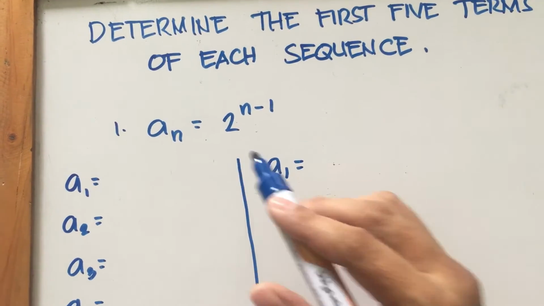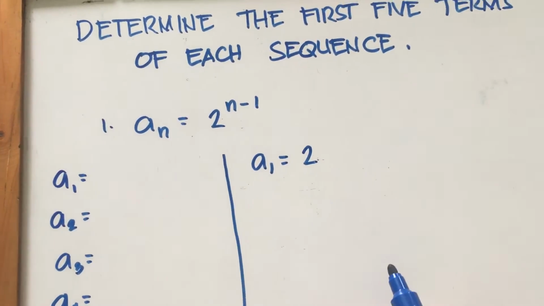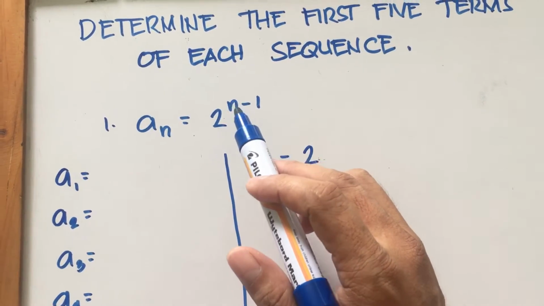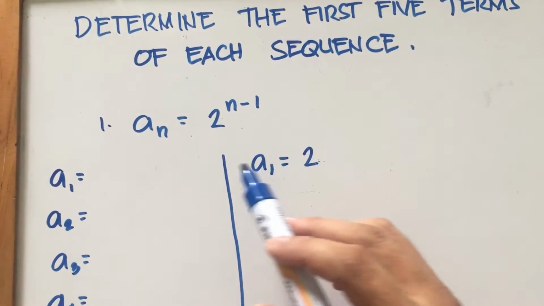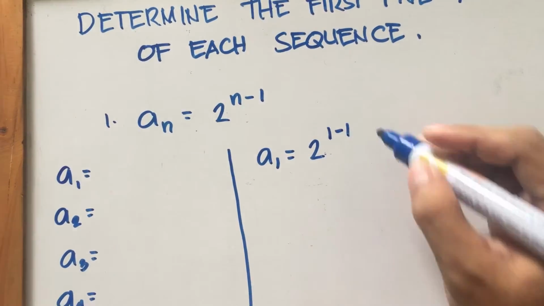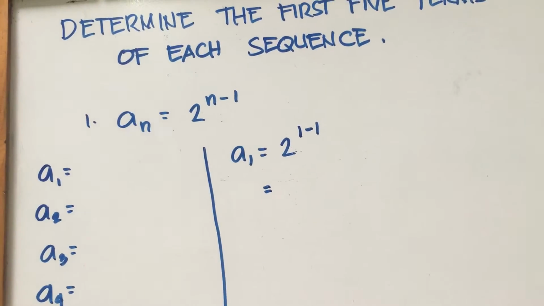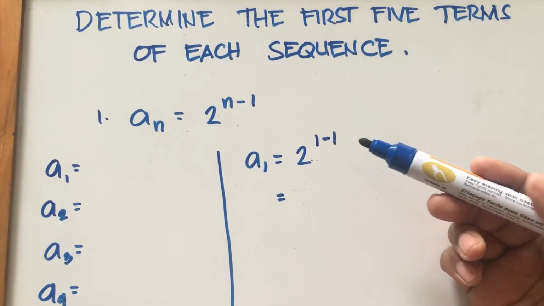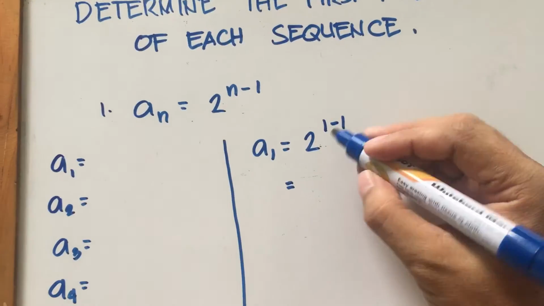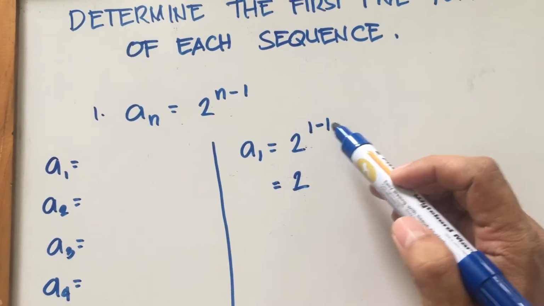So copy 2, and from the formula n minus 1, since n is equal to 1, it becomes 1 minus 1. Please take note, you need to simplify the exponent first.